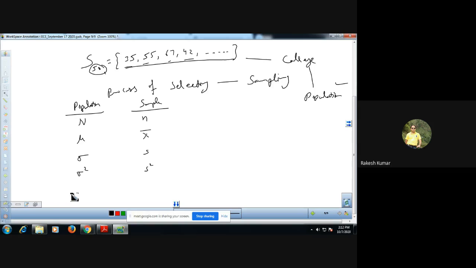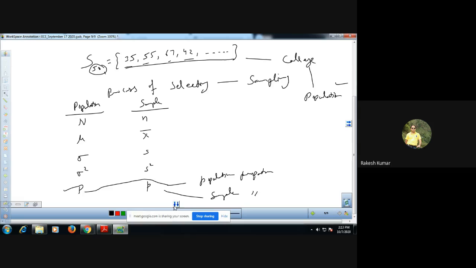And we shall also use a very important parameter, that is the population proportion and the sample proportion. Small p is the sample proportion, and capital P is the population proportion. These are also very important symbols which we shall use. So these are some of the basics.